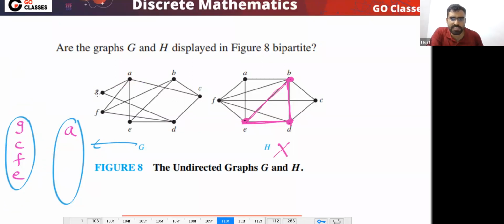For example, G is not adjacent to any of them. C is adjacent to A, B, D, so C is also no problem. F, A, B, D, no problem. E, A, D, B, no problem. They are non-adjacent. There is no problem.